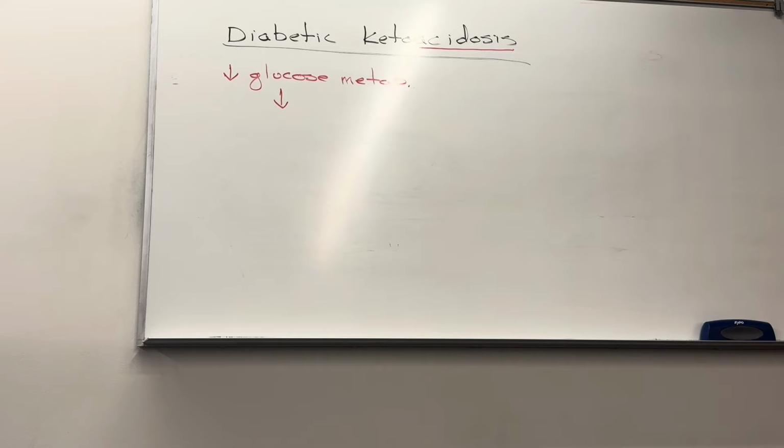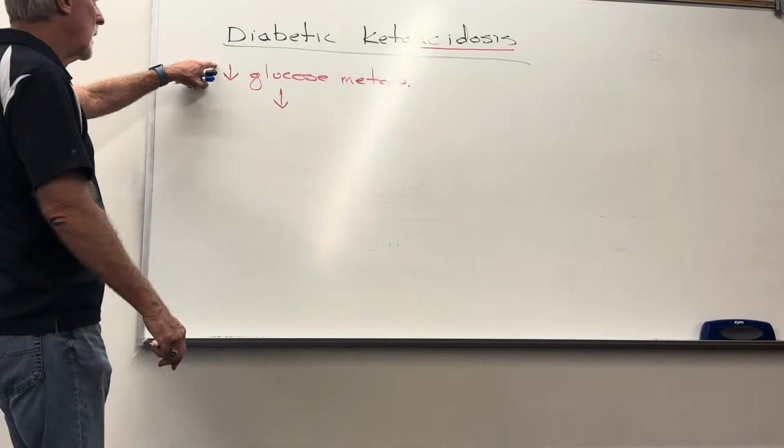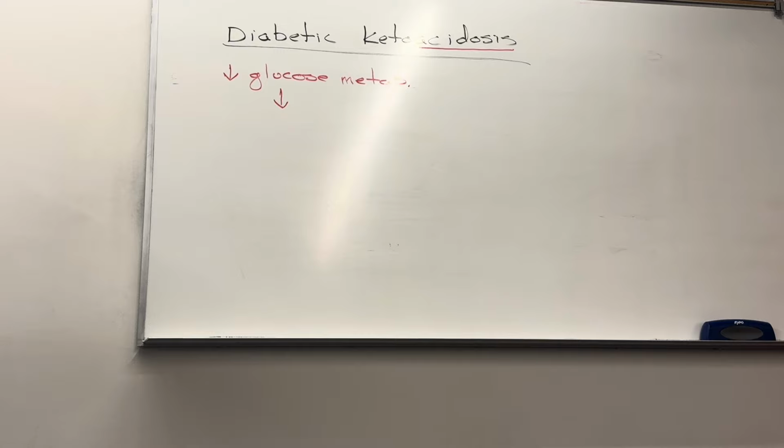What are the two primary fuels that cells use to make ATP? Glucose and lipids, triglycerides. Well, if we have a decrease in glucose, then we're not going to be able to use glucose, so that means we're more reliant upon these fatty acids.